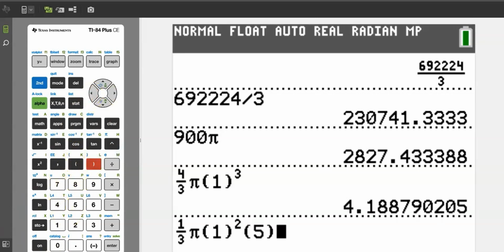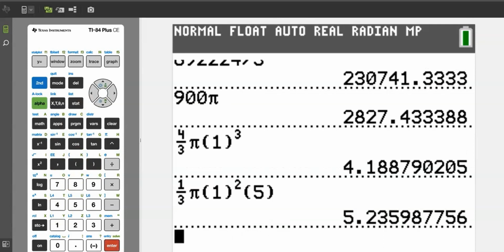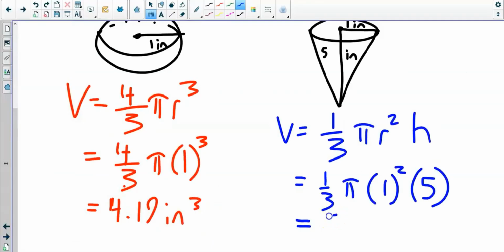Doesn't matter. Hit enter. There's the volume of my cone. 5.24 inches cubed. Okay?